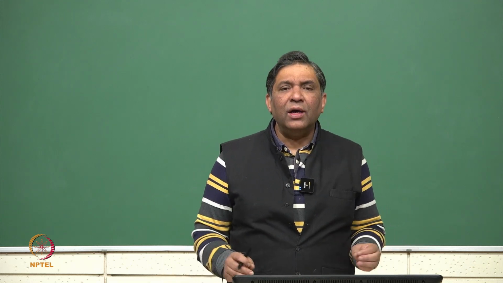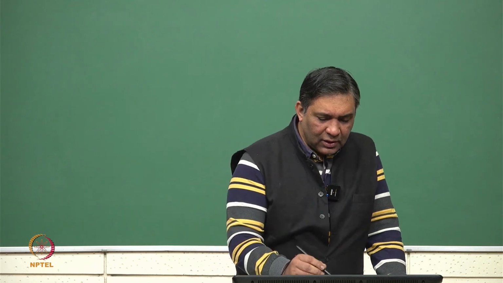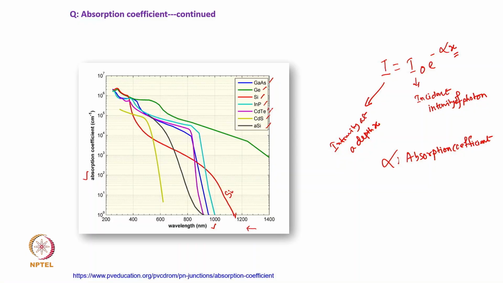This is true for all materials. Suppose I consider another material, say CdTe, which we will discuss in the next lecture as a wide band gap semiconductor. Look at CdTe: it starts at a much lower wavelength, so its band gap is higher than silicon.